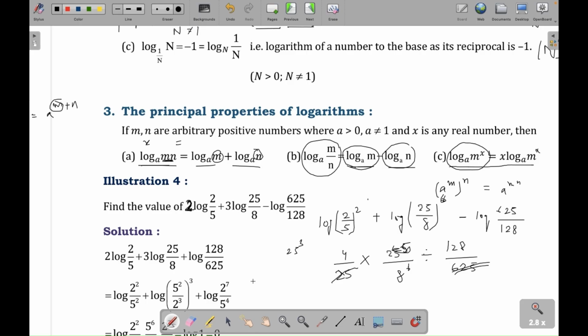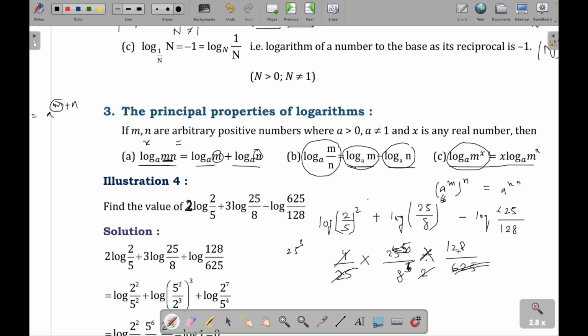But that is in division, right? So we will inverse that: 128 upon 625, so this is just multiplication. Because this was divided by 625 upon 128, I just flipped it but forgot to change the sign. If you take out one of the 8, so this will be 8 to the power 5, and then 2 will remain from that 8.